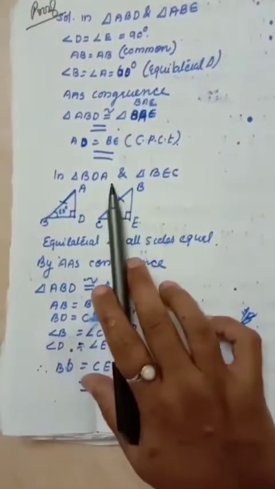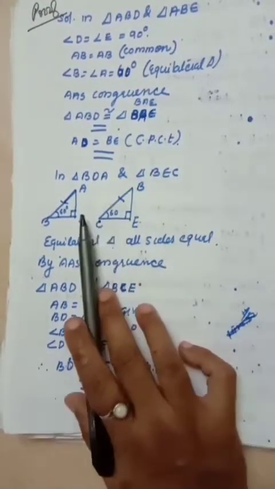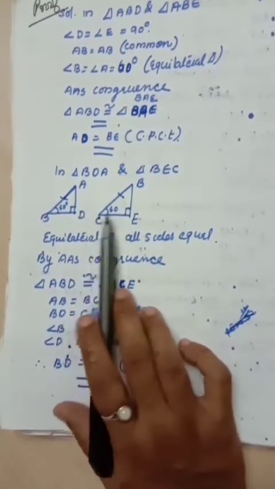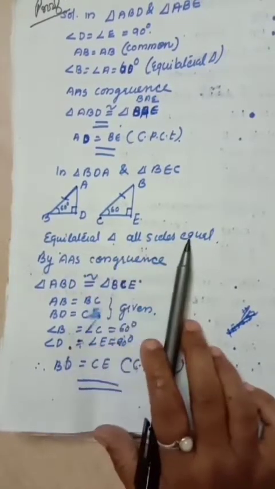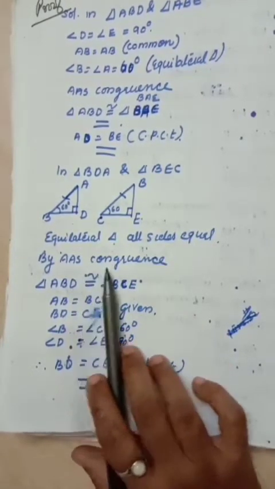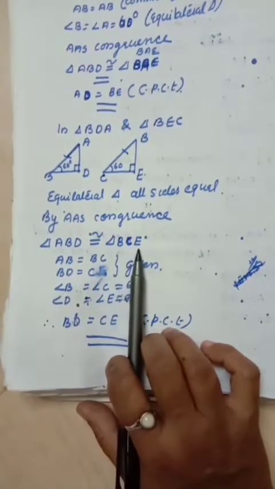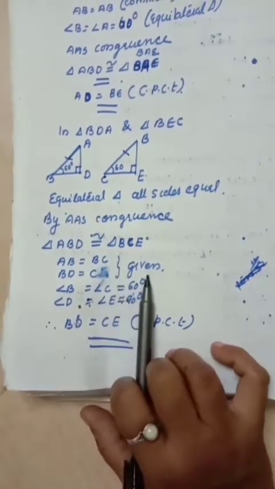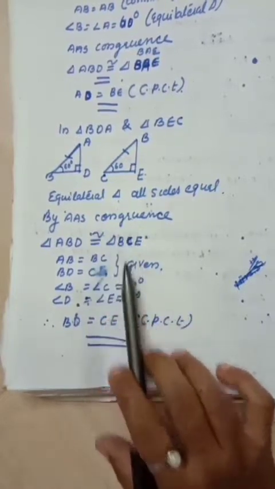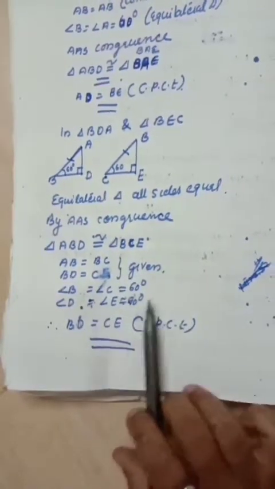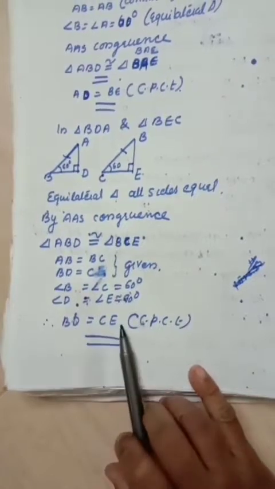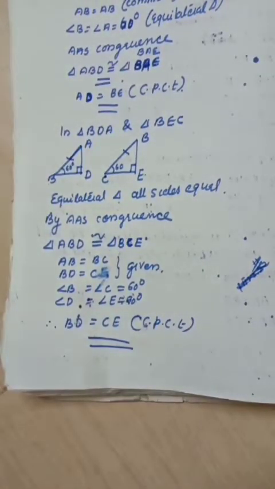Now BDA equal to BEC, that same triangle I drew here. Equilateral triangle, all sides are equal. So by AAS congruence, you can say ABD congruent to BCE. The reason I wrote is AAS congruence. By CPCT, you can say BD equal to CE.